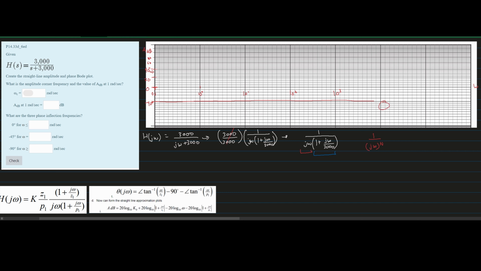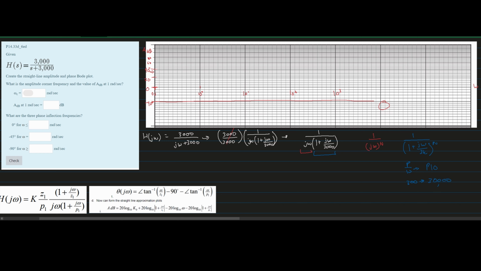Now we're going to look at the next part, and for this we have 1 over 1 plus jω over 3k, to the n. Our n again is 1, so slope is just 20. Now looking at the chart, we can see that we go from p over 10 to p times 10. Our p is 3000, so we are going to go from 300 to 30,000.